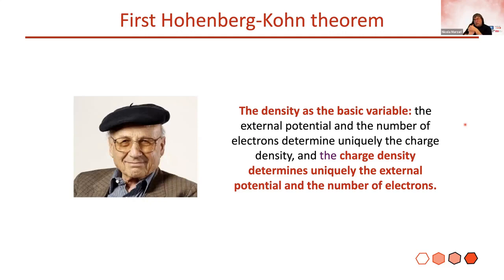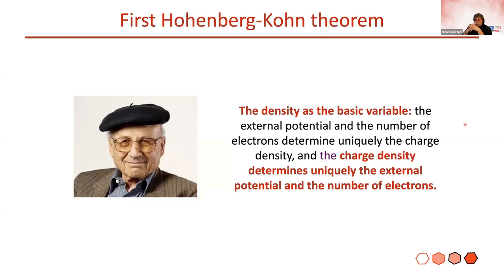But what he proved, with an ad absurdum proof, so a proof that was leading to an absurdum if the hypothesis was true, was showing that actually there is a one-to-one correspondence between the description of a system through the external potential and the number of electrons, and instead the ground state charge density.